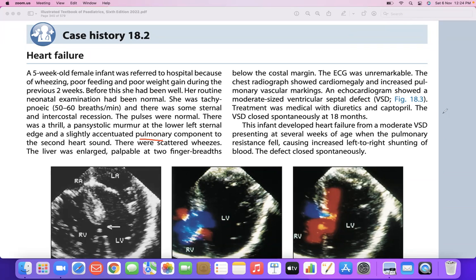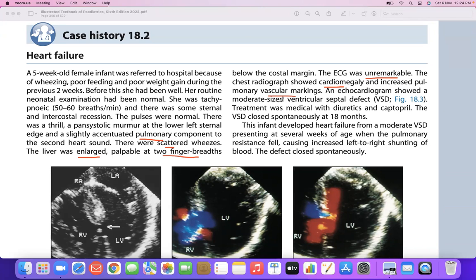This happens due to the increased blood flow, which we will discuss. There were scattered wheezes and the liver was enlarged, palpable 2-finger breadths below the costal margin. The ECG was normal, okay, unremarkable. The chest radiograph showed cardiomegaly and increased pulmonary vascular markings, okay.